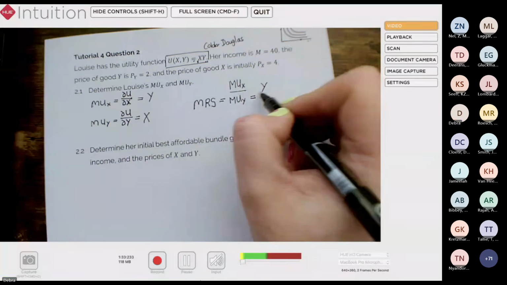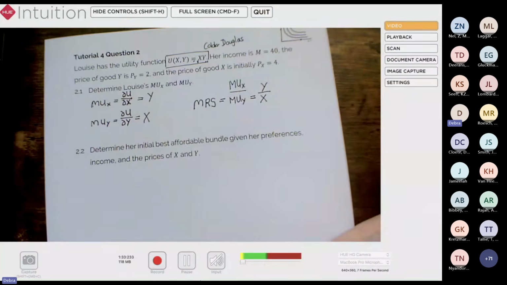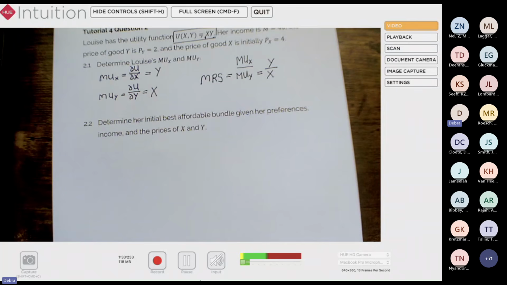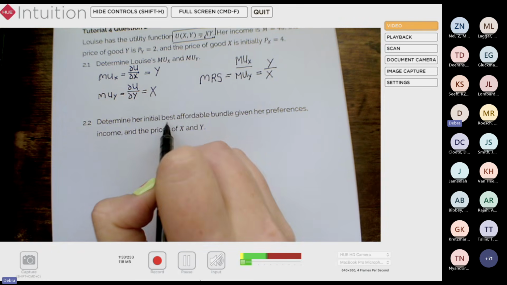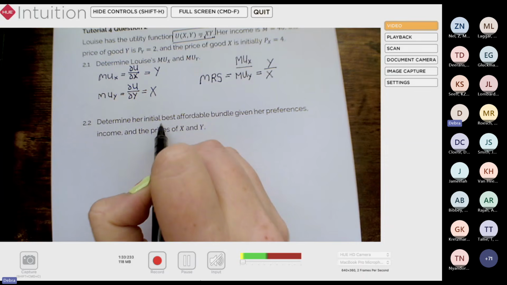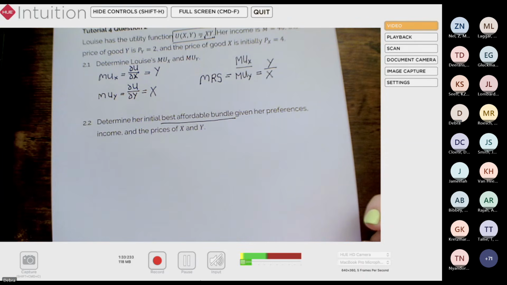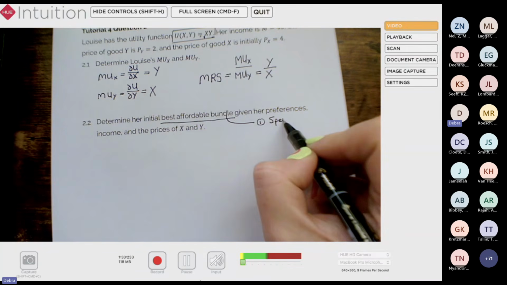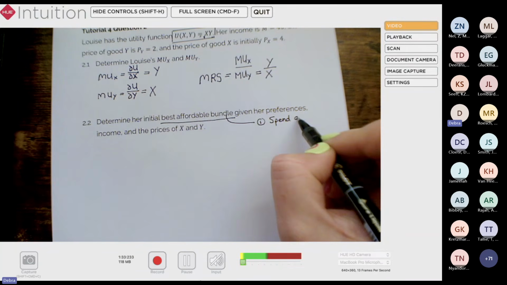Okay. Question 2.2 then asks, determine her initial best affordable bundle given her preferences, income, and the prices of X and Y. So how do we find a consumer's best affordable bundle? A best affordable bundle depends on two conditions being met. The first condition is you spend all your income.